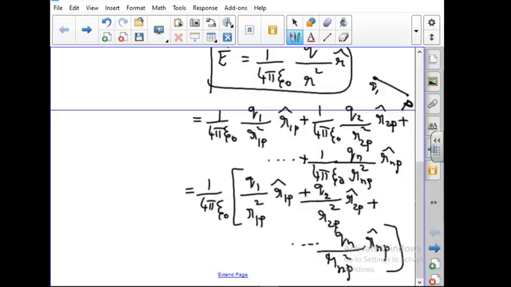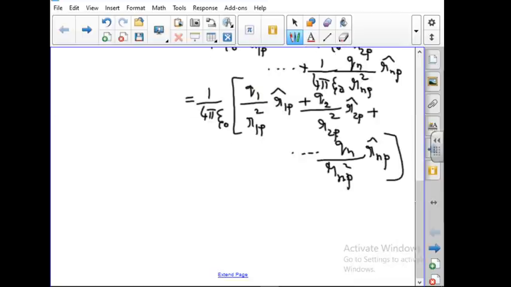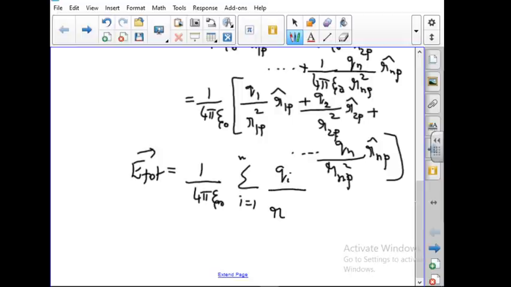Okay. So this equation can be rewritten as, how will you write this equation? E total is equal to 1 by 4 pi epsilon naught sigma i equals 1 to n Qi by RiP squared into RiP cap.